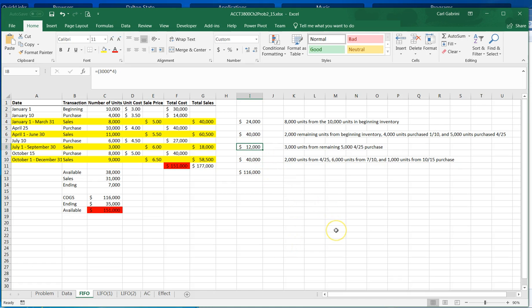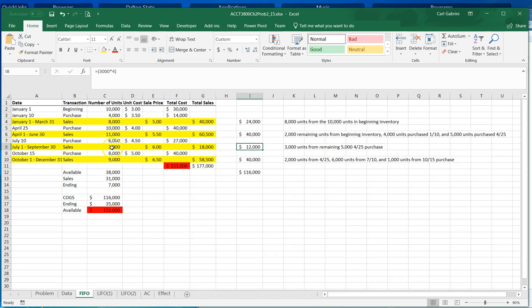How did we determine those costs? Those costs are essentially 3,000 units from the remaining 5,000 units on the April 25th purchase. Remember, we used up 5,000 of these against the second quarter sales. That still left us with 5,000 units. Then on July 10th, we purchased an additional 6,000 units. So we have 11,000 units in stock.